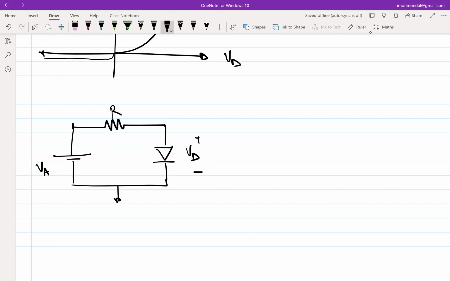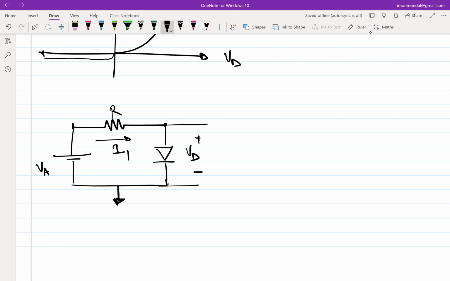So now help me through, how do I set up the analysis so as to understand what is the diode voltage, if let's say the diode voltage is something of interest to us? How do I set up my analysis in order to figure out what this diode voltage will be? Help me out. Okay, we have to write KVL equations. Help me out through the KVL. Let's assume that we have a current, say I1.